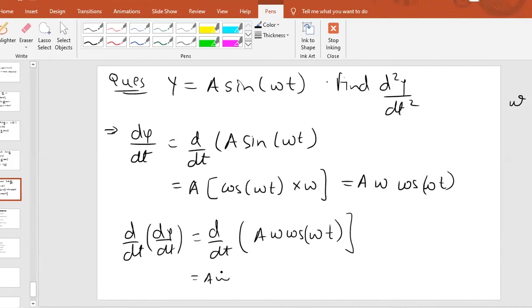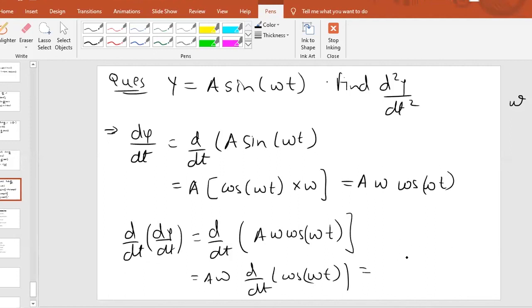Then we write d by dt of cos omega t. Again we are differentiating with respect to t. Inside the function we have omega t, which means it is a function of x. First differentiate the cos. The differentiation of cos is minus sine omega t.